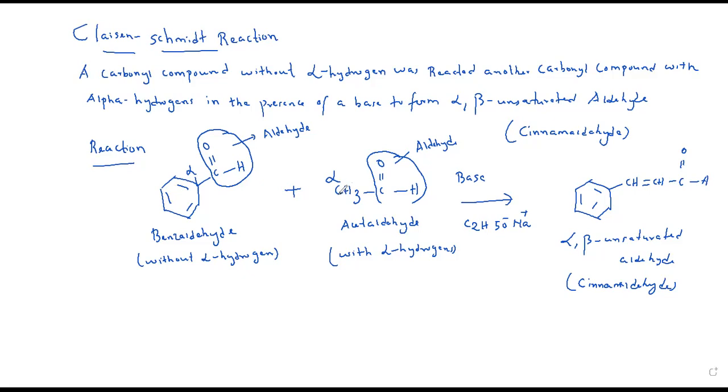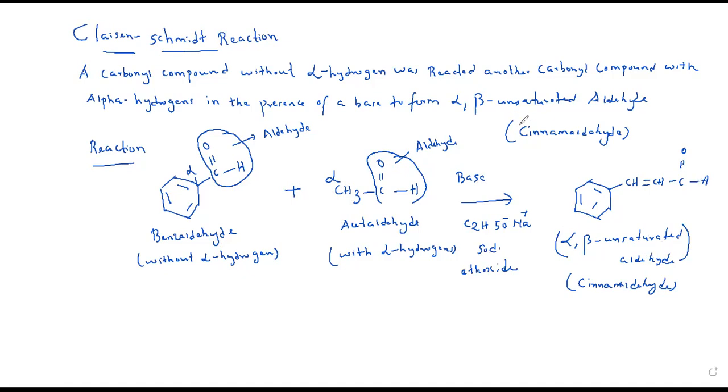Now this alpha carbon is attached to 3 hydrogen atoms. All the 3 hydrogen atoms are called alpha hydrogens. So you are going to react 2 carbonyl compounds, one without alpha hydrogen, another one with alpha hydrogen, in the presence of a base like sodium ethoxide, to get the final compound, that is alpha, beta unsaturated aldehyde.